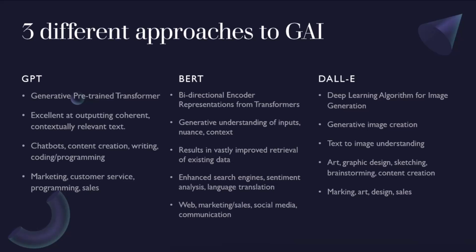But what DALL-E is great at doing is generating images that are novel, right? And this also is very hard for people to understand, because the way that it learns the images and what they're made up of doesn't make sense to most human brains.